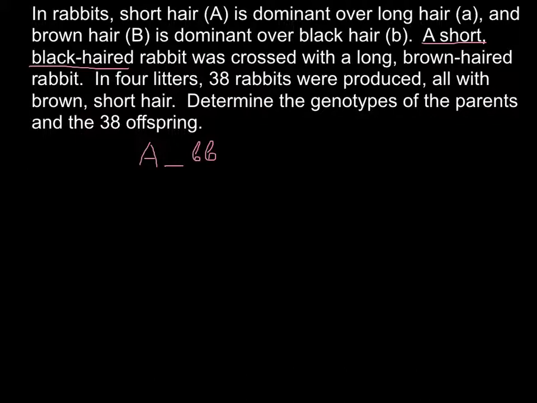So we know that genotypically this parent is homozygous recessive for the color. And we have to cross this parent with another one, a long brown-haired rabbit, and we can put the genotype as small a, and brown-haired means that the second pair of alleles can be capital B capital B or capital B small b.